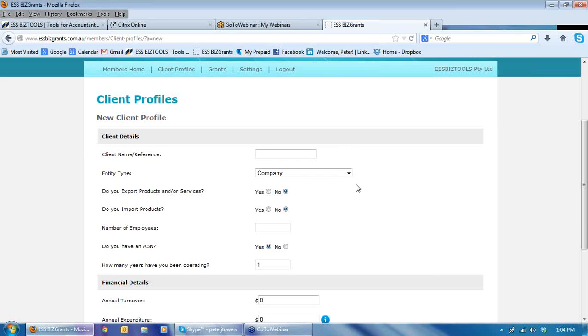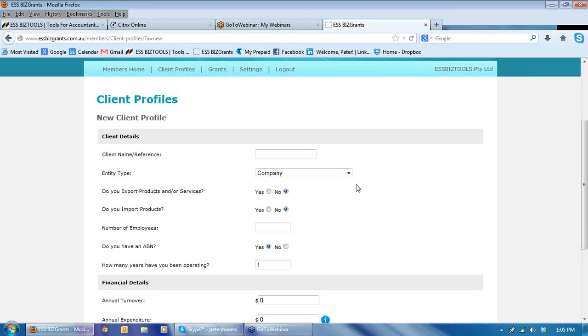Our suggestion is that you have a policy within your firm to ensure that all business clients are processed through ESS BIZGrants. This way you will be able to monitor all of your business clients to see whether they might be eligible for a particular grant.